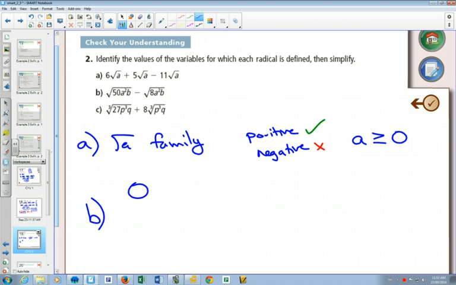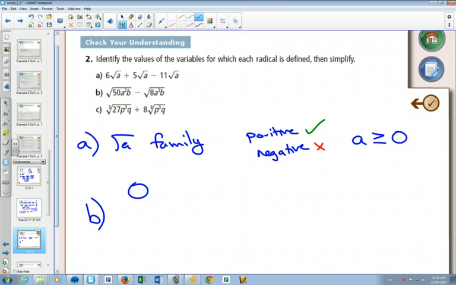Can you see that whether you put in a positive A or a negative A, because it's A squared, it will always be positive? Okay? So the only thing that's going to cause us a problem here is the values of B. If B is a negative number, this whole thing is going to be negative, and that's going to be bad. If B is a positive number, it's going to be okay.